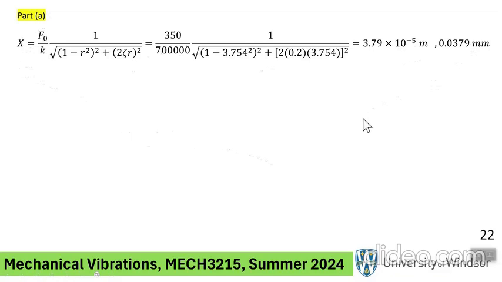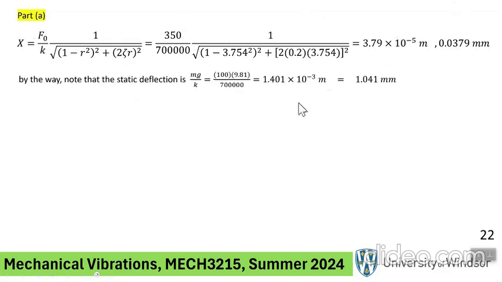Now, in this problem, they could have given us the values of M naught and E, and we could have calculated F naught, but they didn't. If they had given us M naught, E, and of course we know omega, the operating speed, we could have found F naught, but they didn't give it to us in that form. They told us the disturbing force is 350 Newton. Okay, we found it.